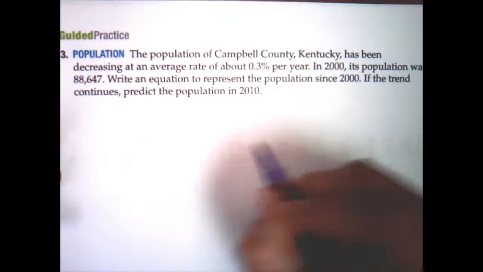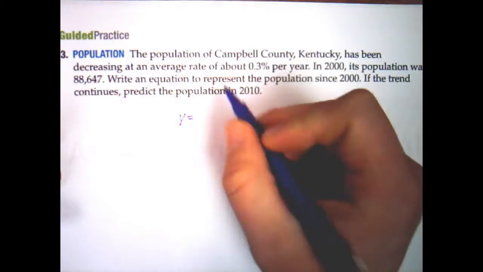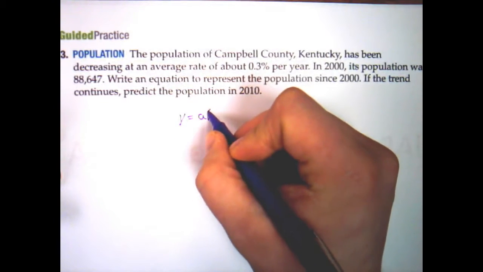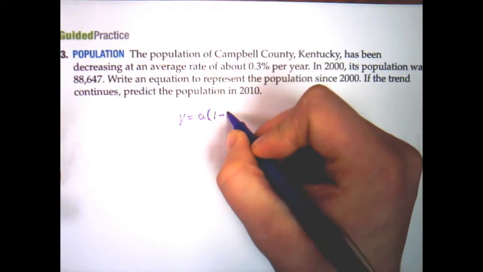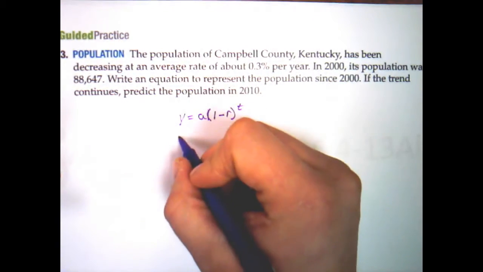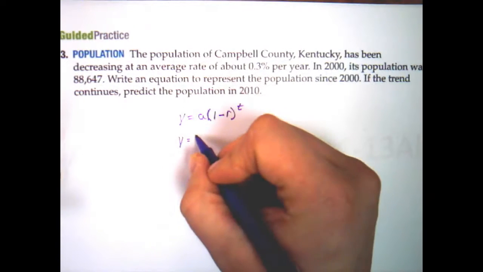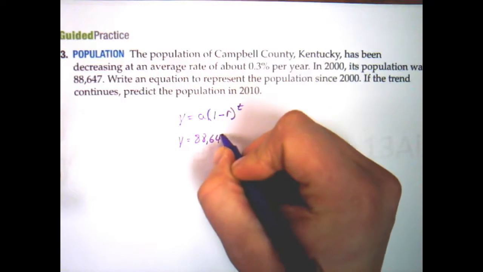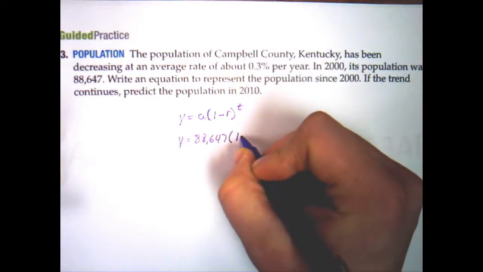Okay, so y equals a times (1 minus r)^t. Plug in what we know. Our original amount, 88,647. 1 minus our rate.